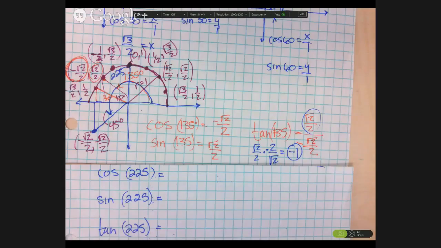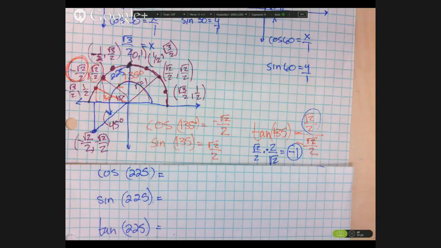So how do you do 180? What's the coordinate of that point? Negative 1, 0. So the cosine of 180 is negative 1. The sine of 180 is 0.